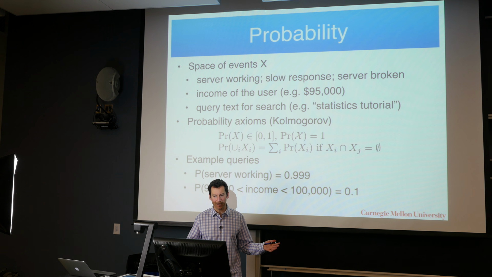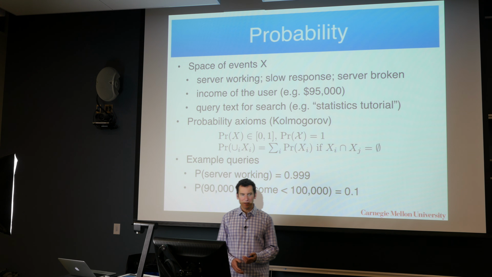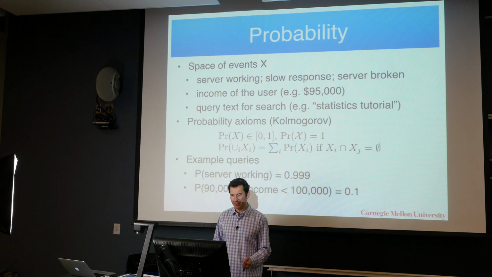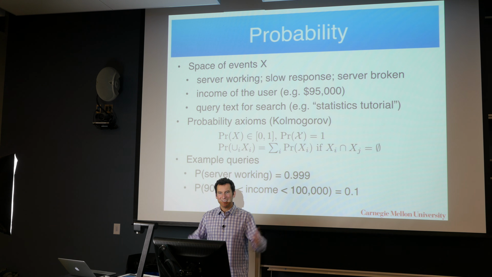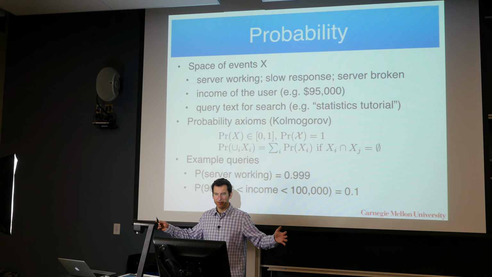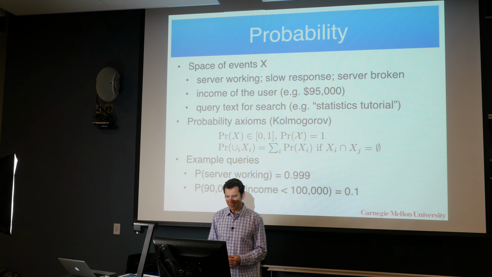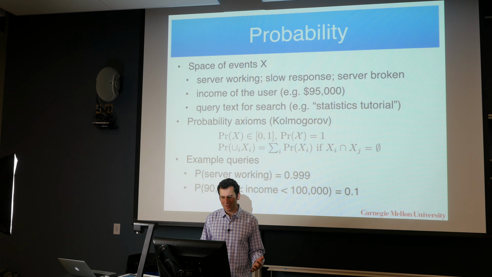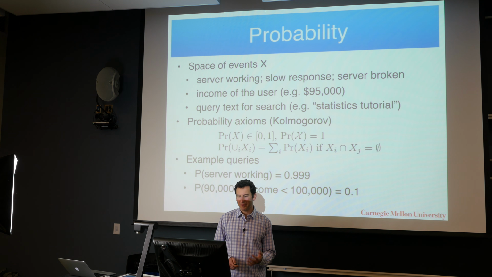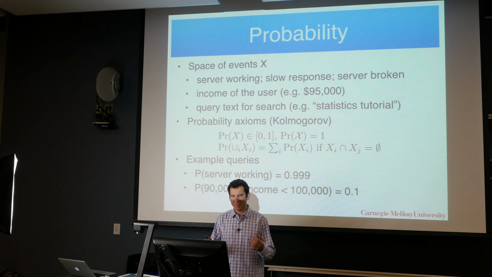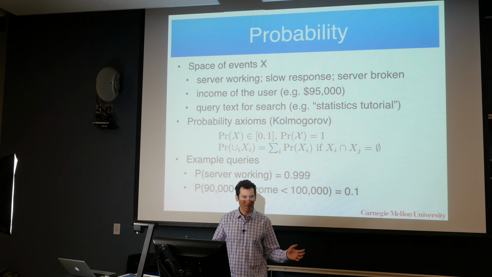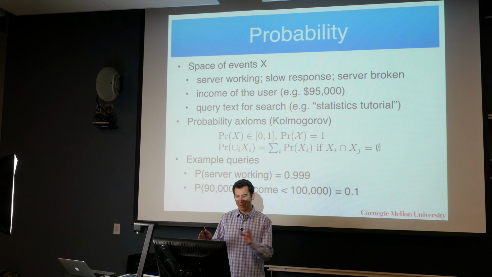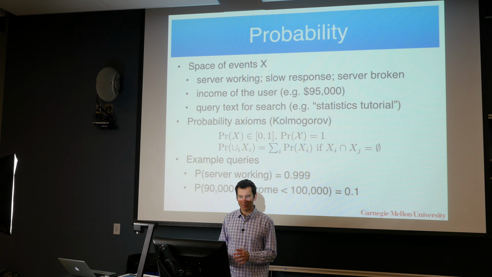In any case, what we have is a space of events, let's say X, and the probability of any of those subsets of events is contained in the set between 0 and 1. Furthermore, the probability that something happens is 1. And also, if I have disjoint sets of events, then the probability that something happens in the union of those sets is given by the sum of the probabilities for each of those sets.